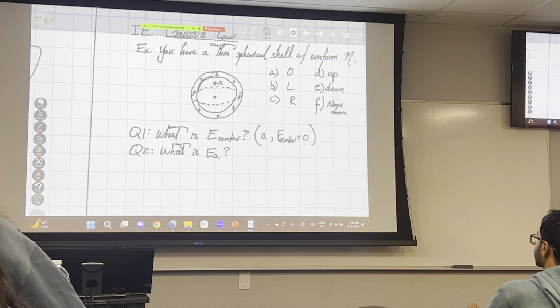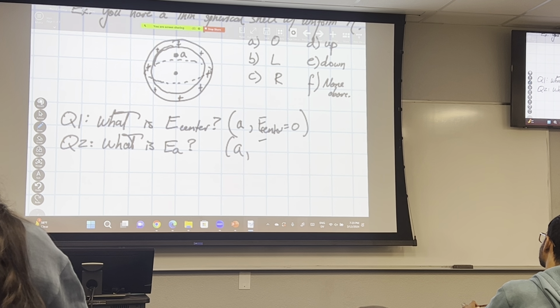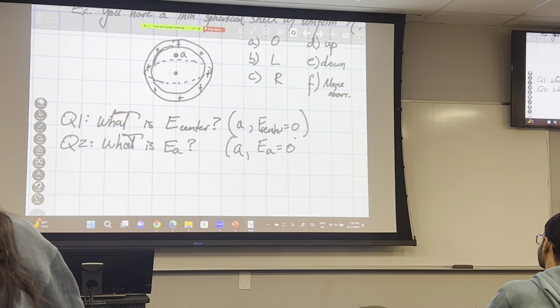Who says it's B, left? C, right? D, up? E, down? F, none of the above? And the answer is clearly A. The electric field at point A is also 0.